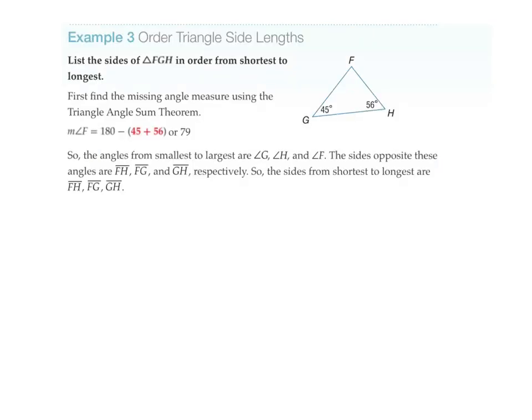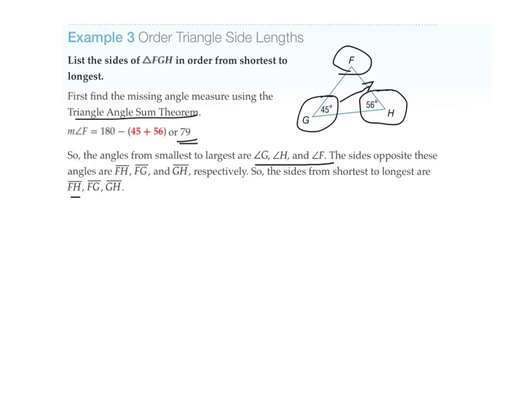Okay, so here we go with example 3. You're told that angle G is 45, angle H is 56, and to find F you need the angle sum theorem, which will give you 79 degrees. And again, put them in order from the smallest to the biggest, so that's G, H and F. And you know from previous exercises that the smallest side will be opposite the smallest angle, so that's why you've got FH as the smallest side.